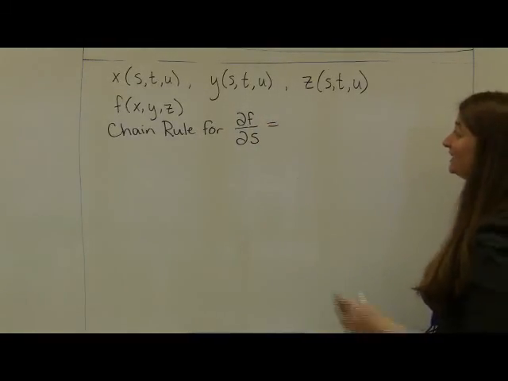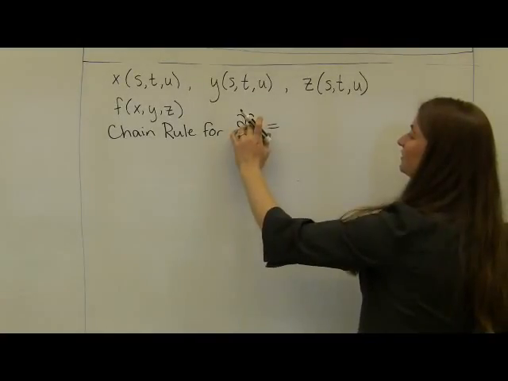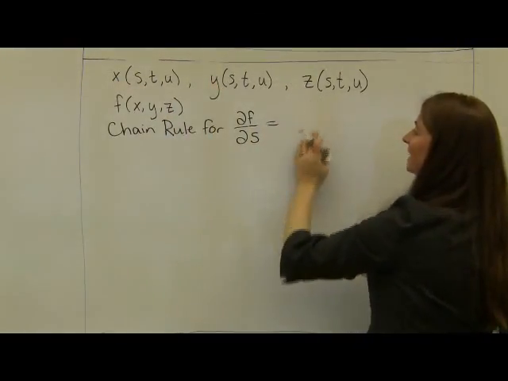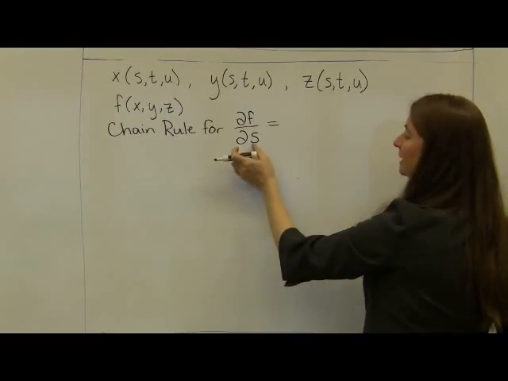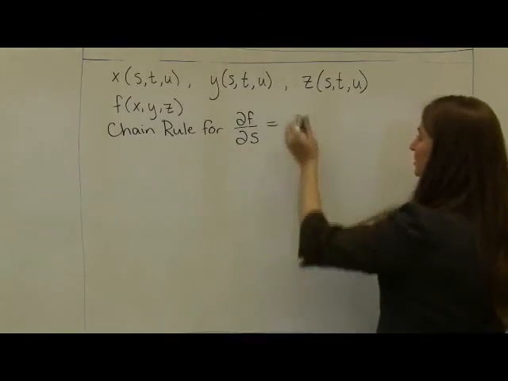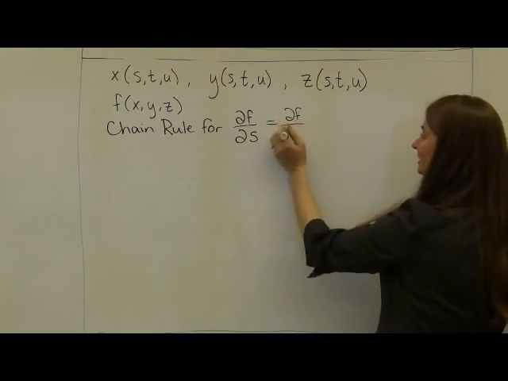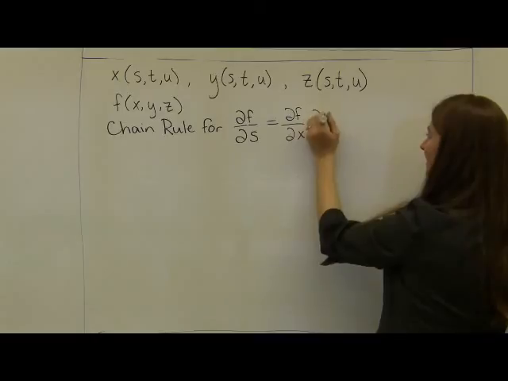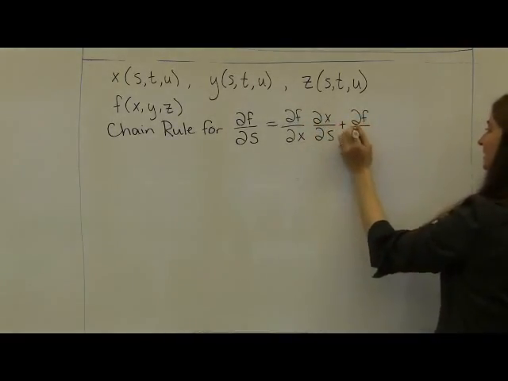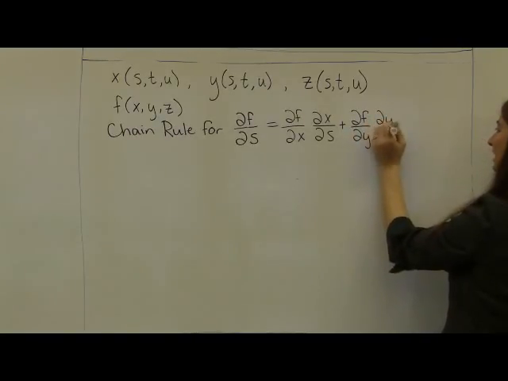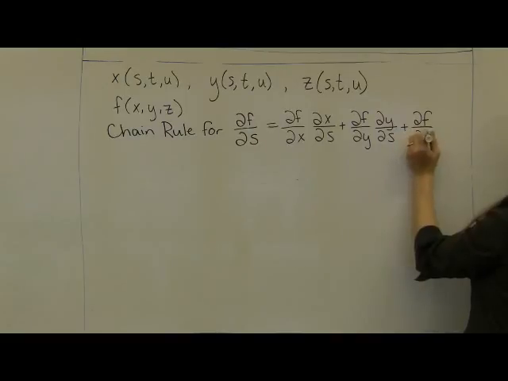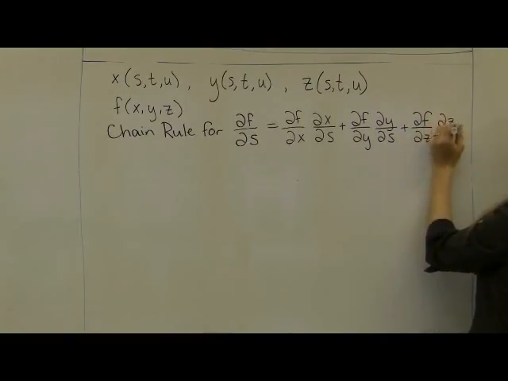You could think for a second. I'm going to have to take the derivative of f with respect to each of the major variables, x, y, and z, and then I'm going to have to multiply each of those by the derivative with respect to the minor variable, s. So that looks like df dx dx ds plus df dy dy ds plus df dz dz ds.